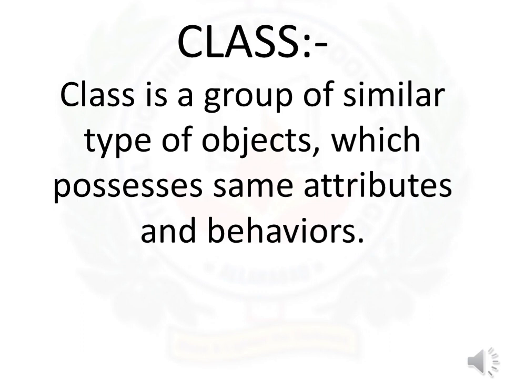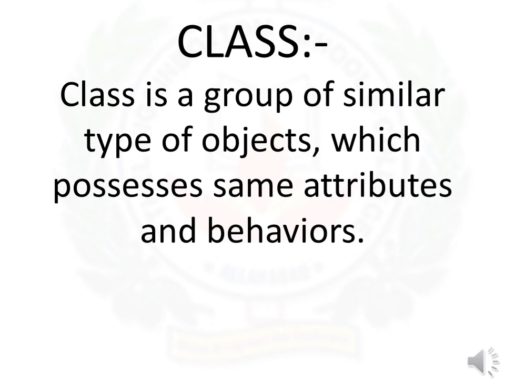They can be considered as the two sides of the coin. This class and the objects are considered as the two sides of a coin, which cannot be disintegrated. It is insignificant to discuss an object without referring to its class.